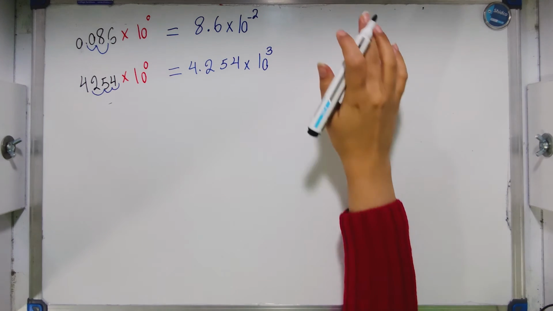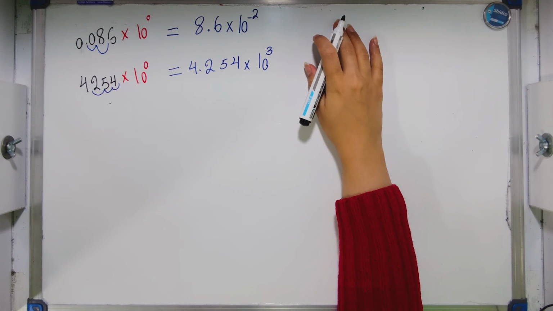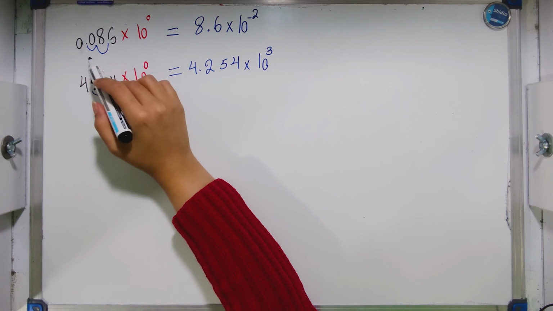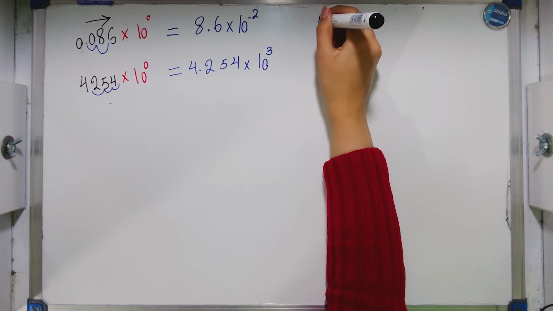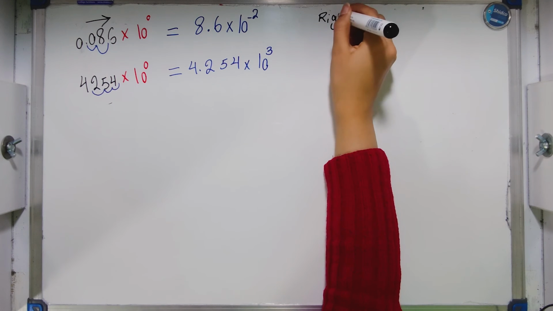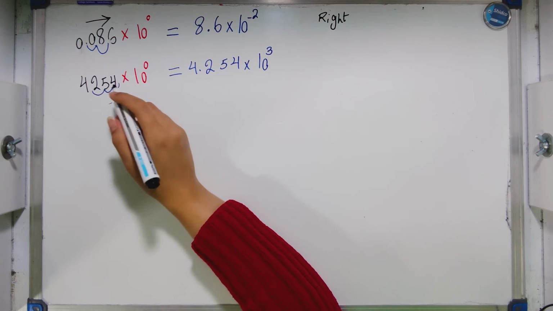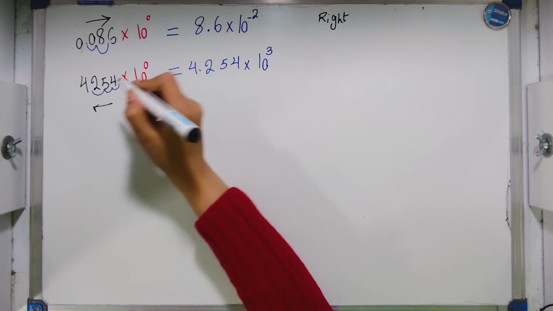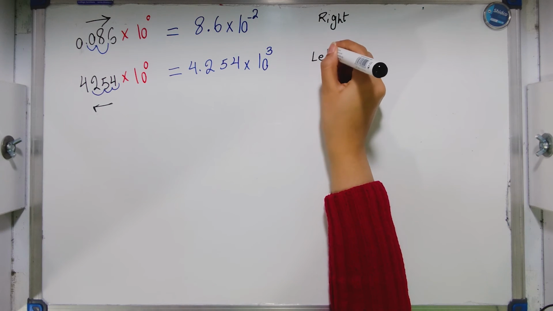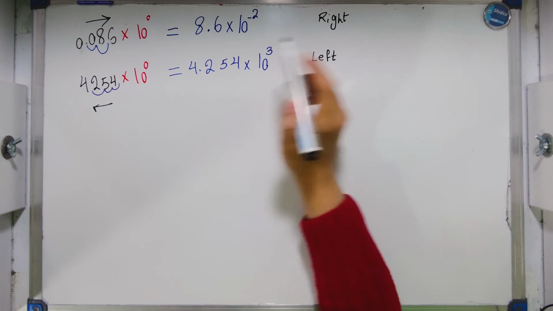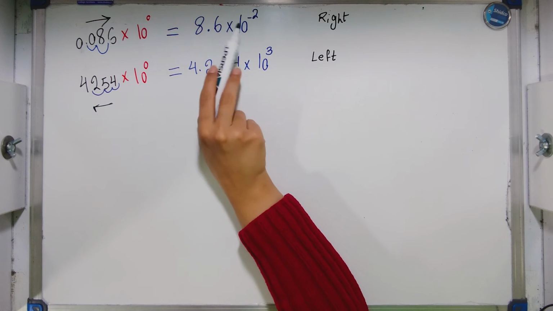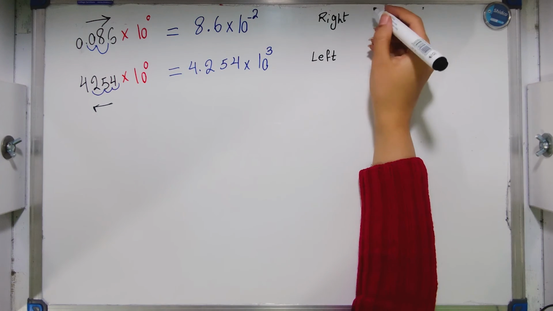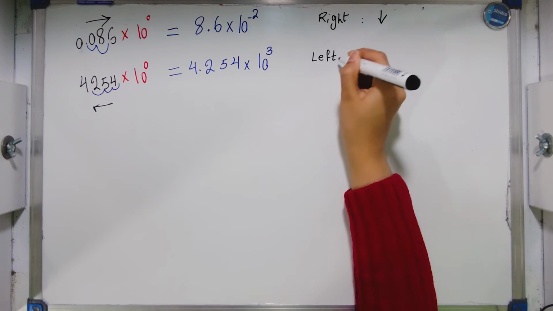Okay, let's compare these two numbers. Look here, the decimal is moving from here to here. So it is moving toward the right. Here, the decimal is moving from here to here. So it is moving toward the left. Now let's compare exponents. Here 0 becomes negative 2, so it decreases.